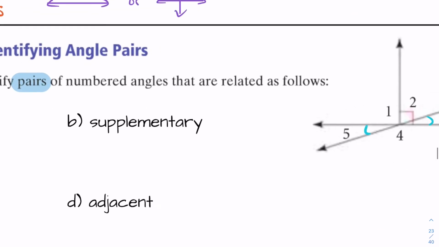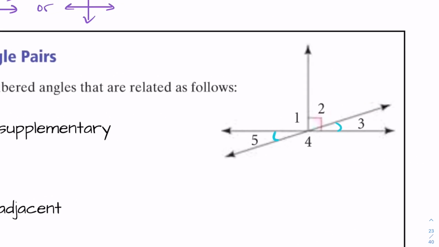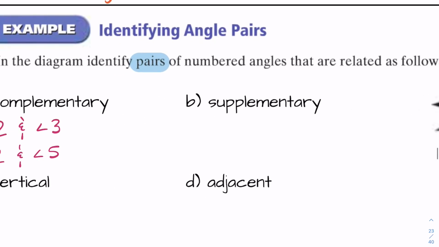All right, supplementary. Remember, it's 2 angles, not 3. So what 2 angles add up to 180? Looks like here we have 4 and 5 that will add up to 180. So for supplementary, I'm going to say angle 4 and angle 5.